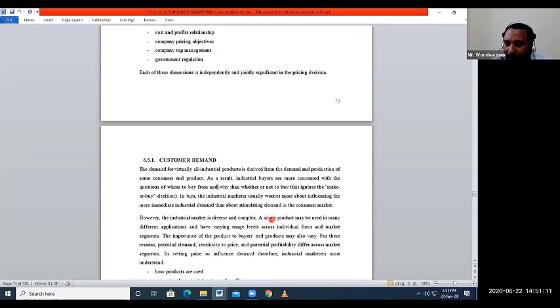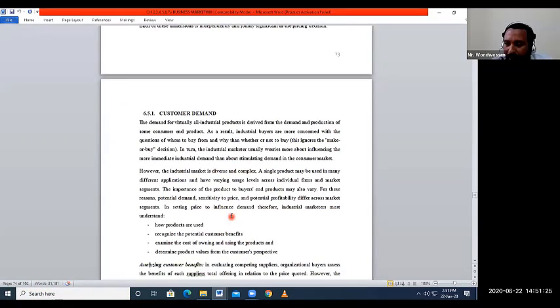So when you set a price depending on the customer's demand, we have to consider how the products are used. Recognize the potential customer benefit. What benefits are expected from the product? What are the potential benefits of the product for customers?